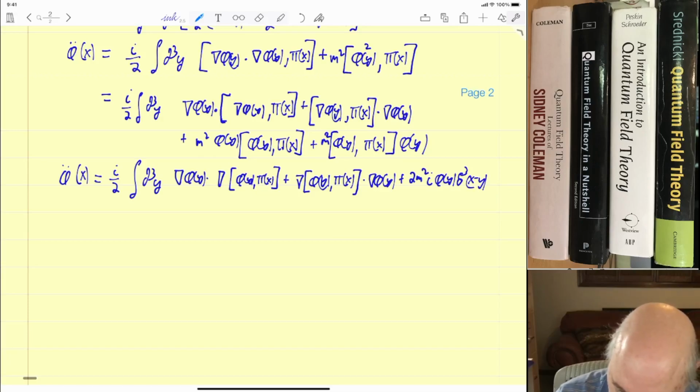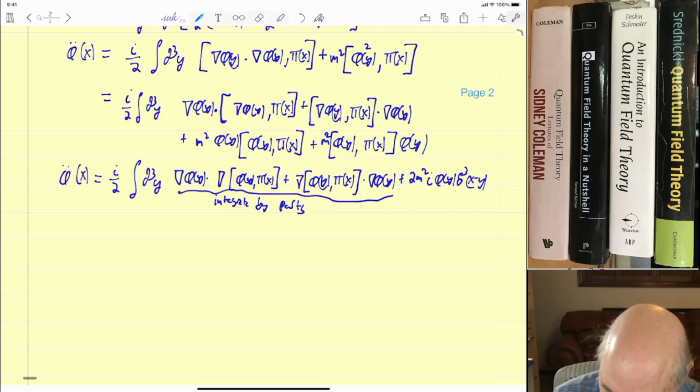Now, what we do with these two terms is we integrate by parts, so that we're going to get the gradient off of the delta function. So this then becomes minus i over 2, because I'm integrating everything by parts in here.